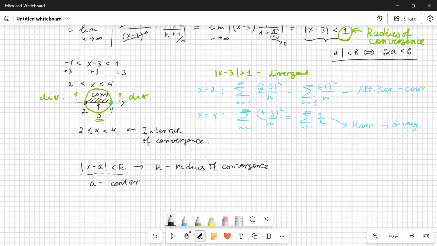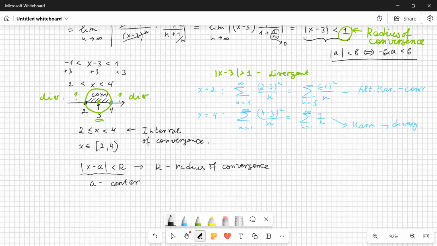And the ends of the interval are usually supposed to be checked separately. Okay? So you can also write down the interval like this. x belongs to the interval, 2 included, 4 excluded. Interval notation, right? You can write it down as an inequality or in interval notation.